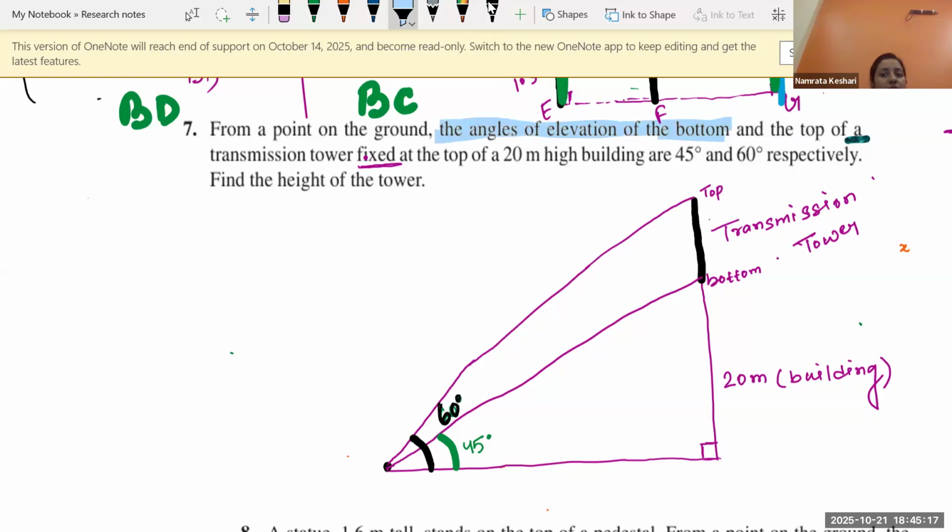At first the bottom is mentioned, then the top is mentioned, right? And after representing the angles of elevation, you can see at first 45 degrees is there, and then 60 degrees is there. This is how any story works, respectively.